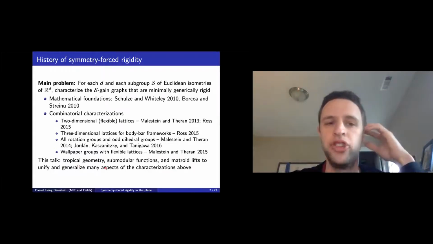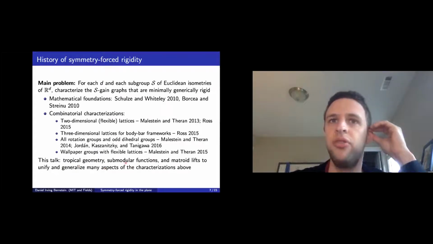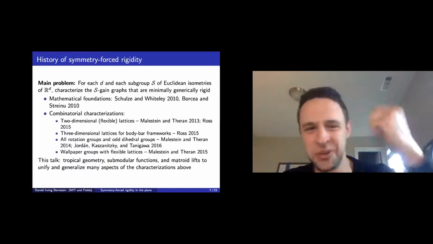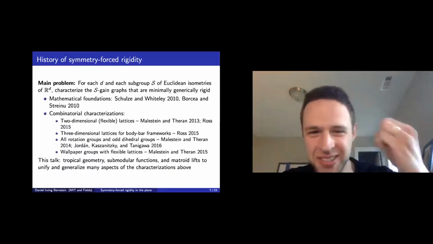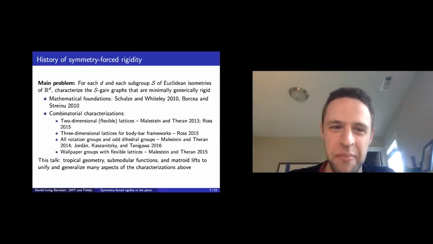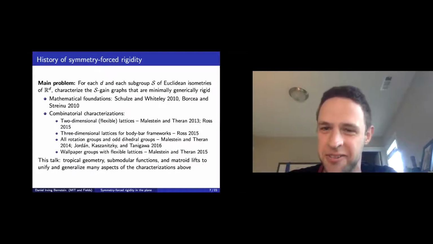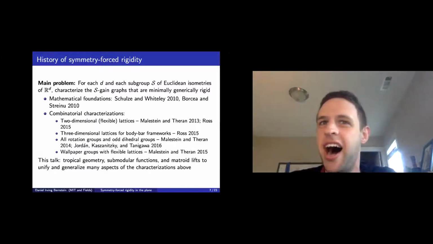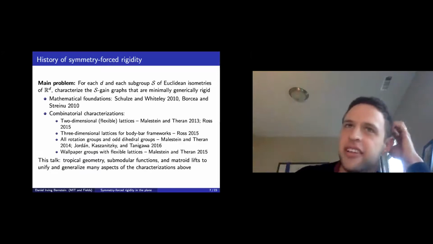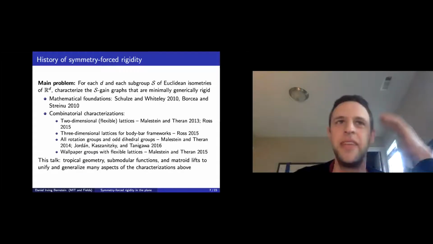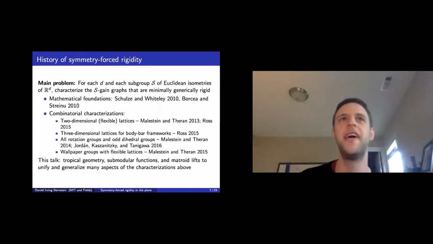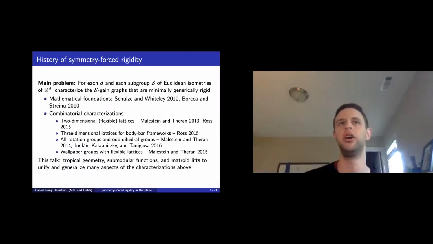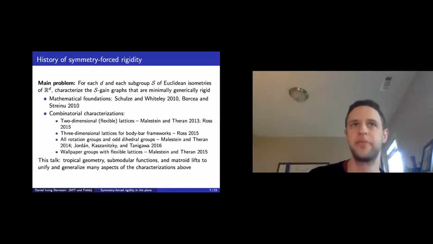It uses tropical geometry, but it also uses what feels to me like some actual matroid theory, and not just using the word matroid, from submodular function theory, and in particular, a construction that associates a matroid to any submodular function. But yes, so I'm going to talk about symmetry-forced rigidity for a particular class of groups, namely groups that preserve orientation.